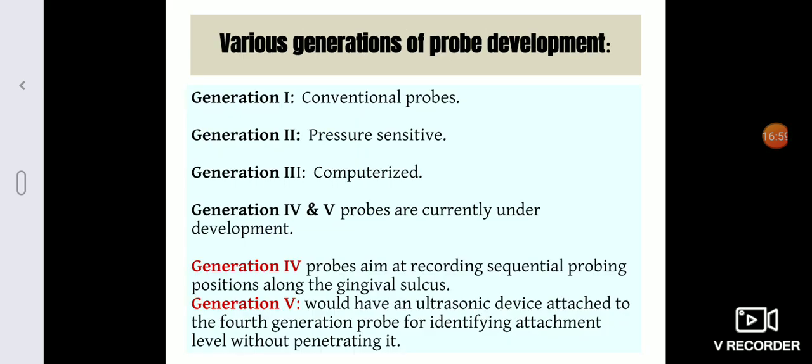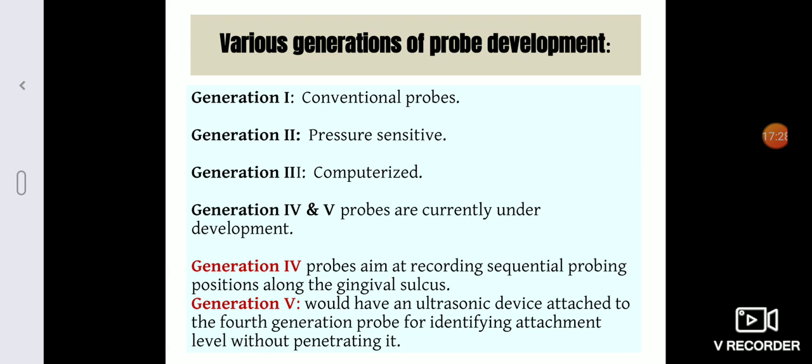Various generations of probes have been developed, and the sophistication of the probe improves from generation to generation. Generation 1 are the conventional probes that we use in our clinics. Generation 2 are the pressure sensitive probes, which are more advanced than the conventional probes. Next is generation 3, the computerized probes, and generation 4 and 5 probes, which are currently under development.